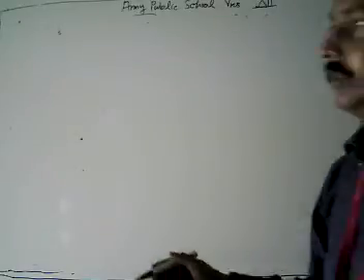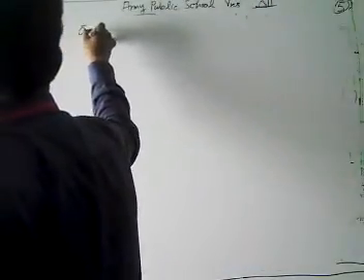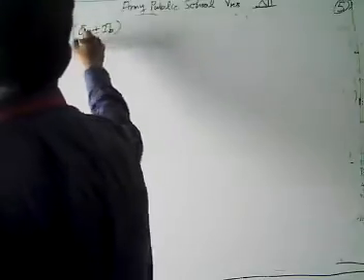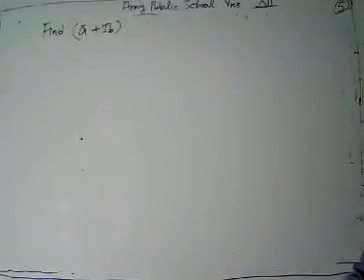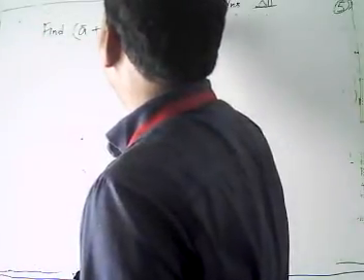Then next, we have to find the product of vector a plus 3b dot 2a minus b.